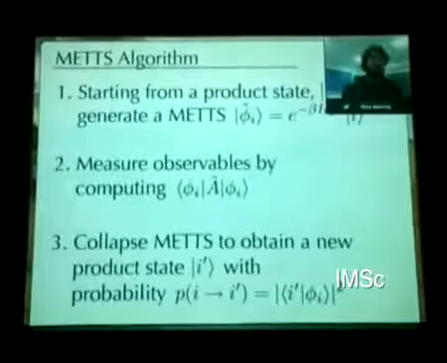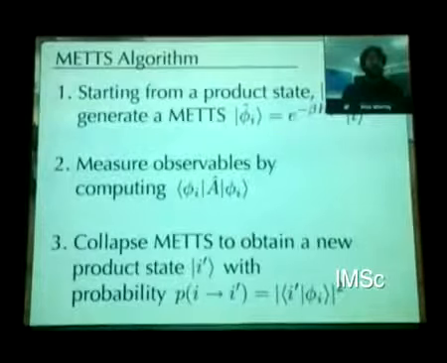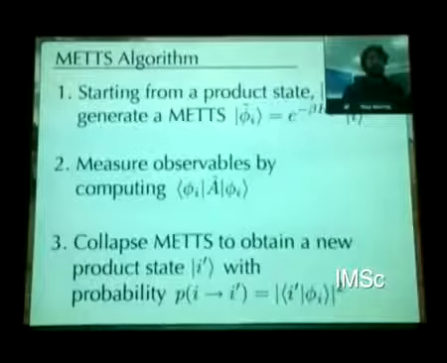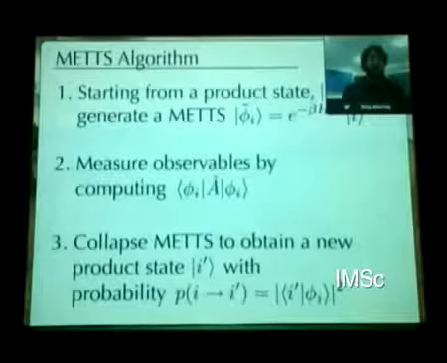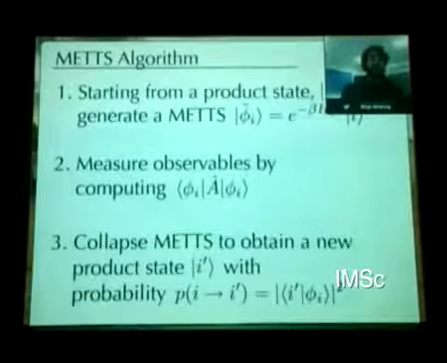First of all, you don't have to come up with any special estimators for measuring observables like in Monte Carlo, because every time you're getting a matrix product state, and there you can measure everything you want to measure, including things like entanglement. So you could ask some very interesting questions about the average entanglement of the METTS ensemble, or other types of measures of finite temperature entanglement. So I feel like that's a very interesting future research project.